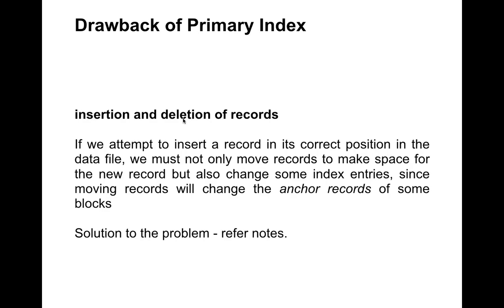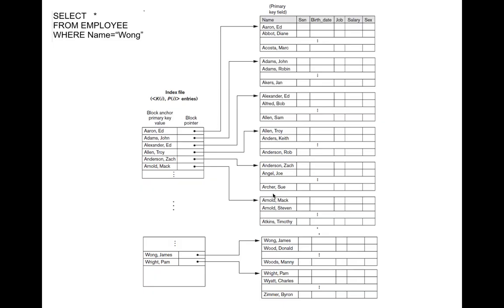And similarly regarding deletion of records, imagine you are deleting Arnold. If you delete Arnold, all the records below Arnold should be shifted one place above. So if you are deleting Arnold Mac, Arnold Steven should be the anchor record of this block, and similarly every anchor record of the blocks below would be changed. So similarly the index file should also change.